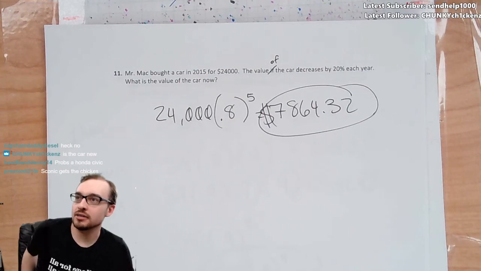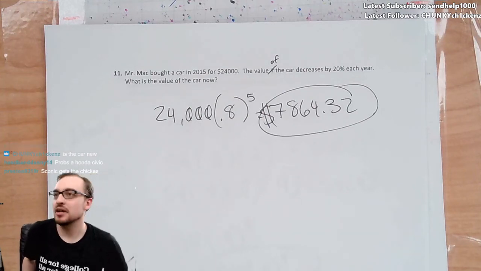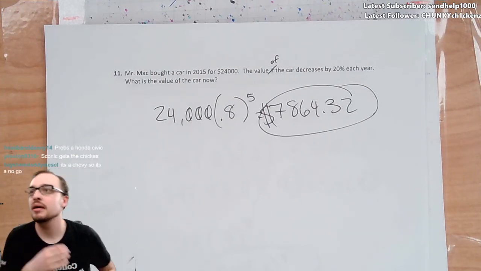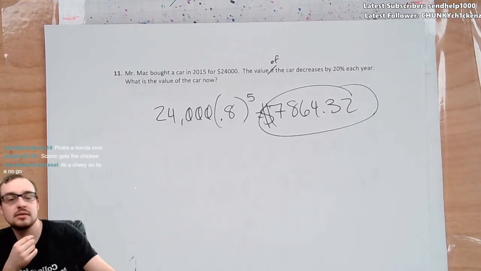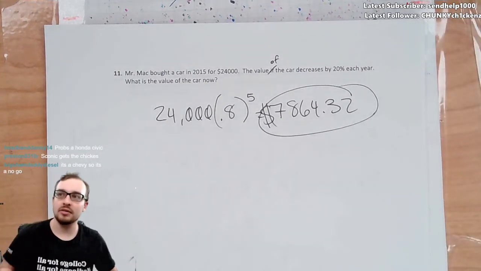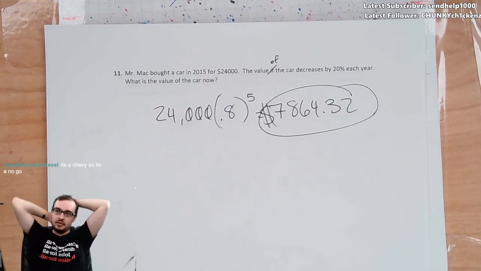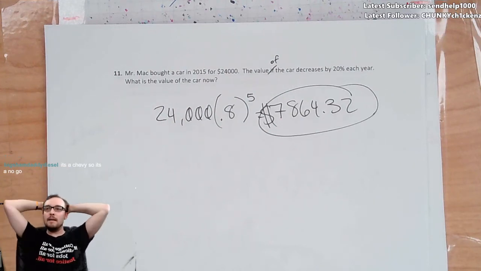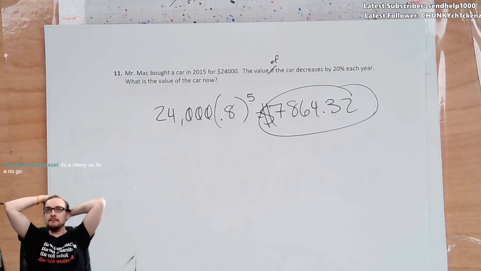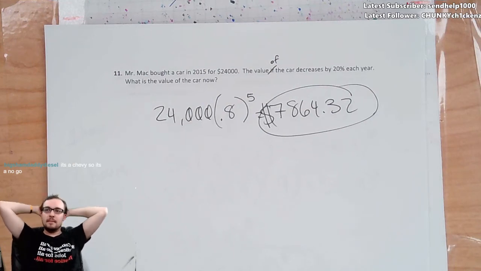No, I couldn't afford a Honda Civic. Not that I want one. Doesn't have very good room. Chevy's a no-go? I'm a big fan of Chevy. Dude, the Camaro's a classic. You kidding me? Like, how can you say no to that?